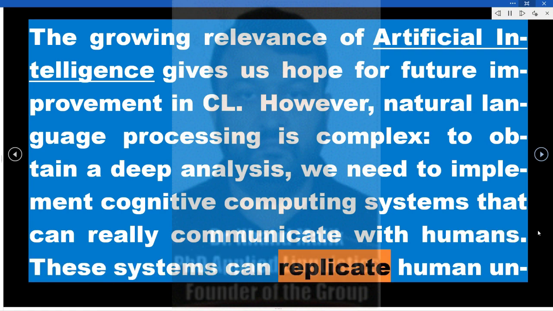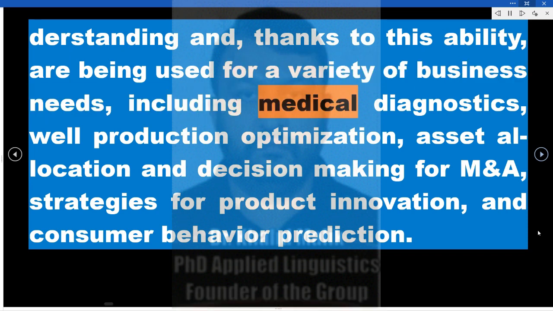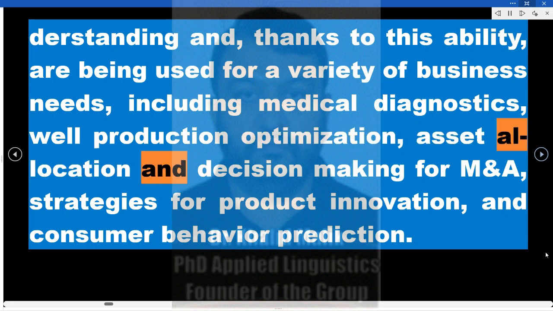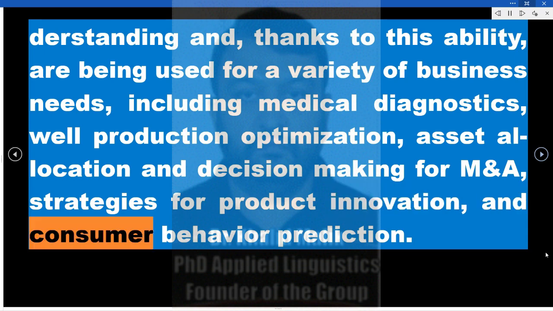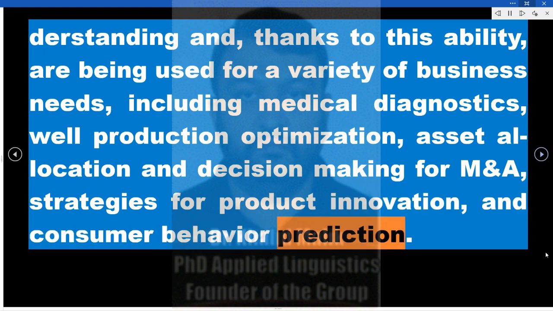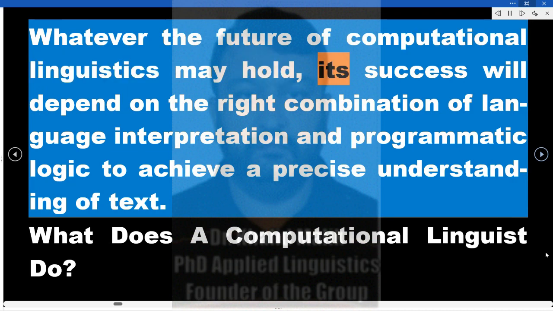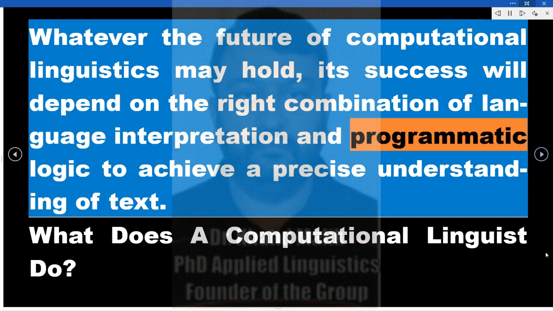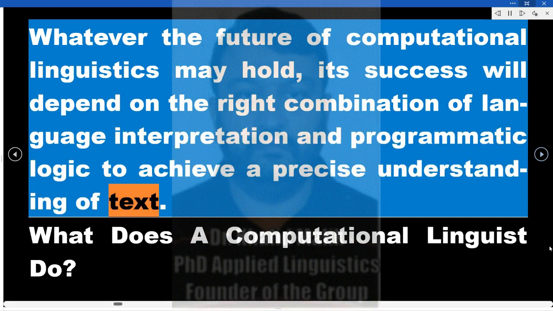These systems can replicate human understanding and, thanks to this ability, are being used for a variety of business needs, including medical diagnostics, well production optimization, asset allocation and decision-making for M&A, strategies for product innovation, and consumer behavior prediction. Whatever the future of computational linguistics may hold, its success will depend on the right combination of language interpretation and programmatic logic to achieve a precise understanding of text.